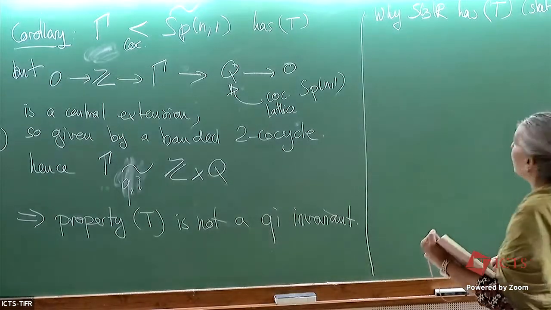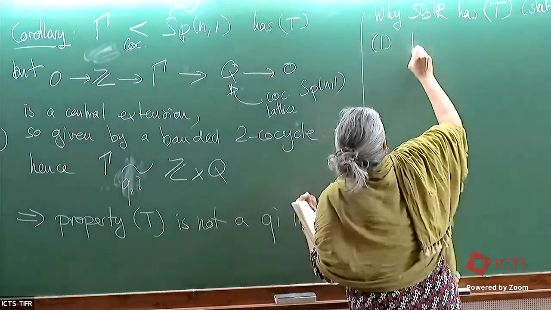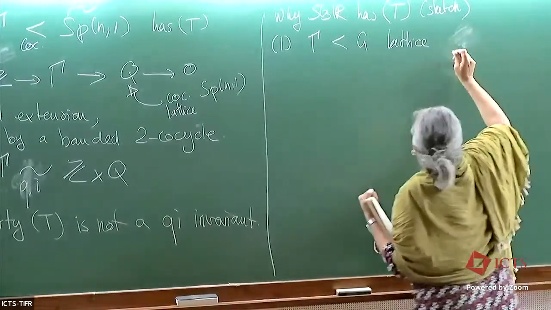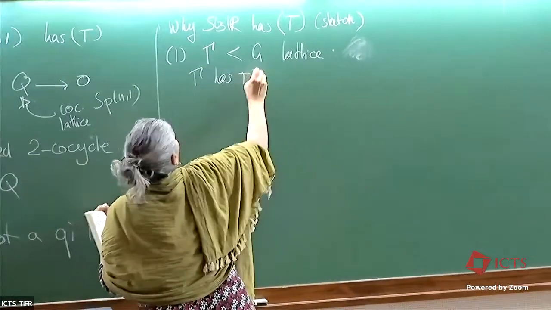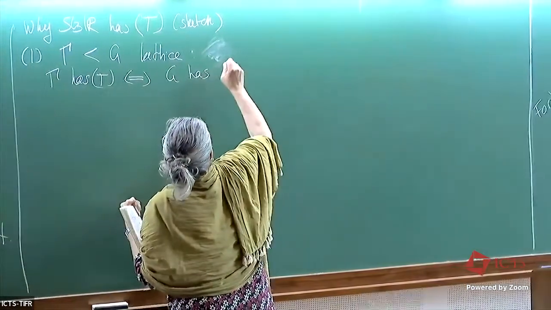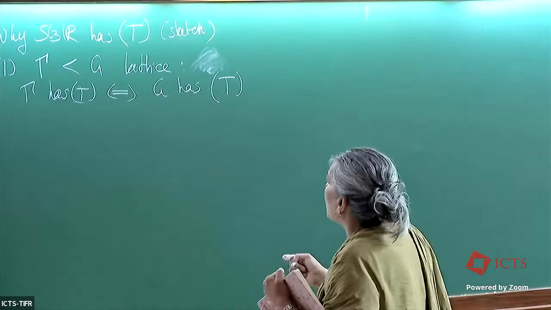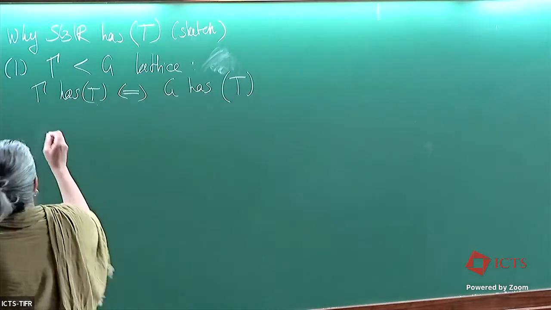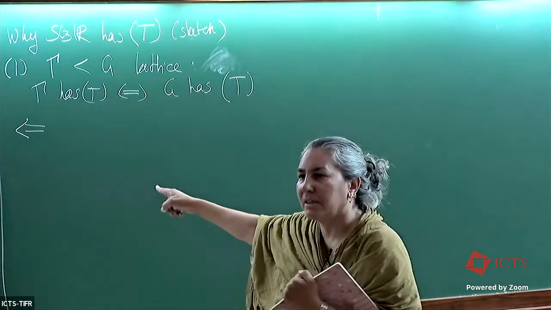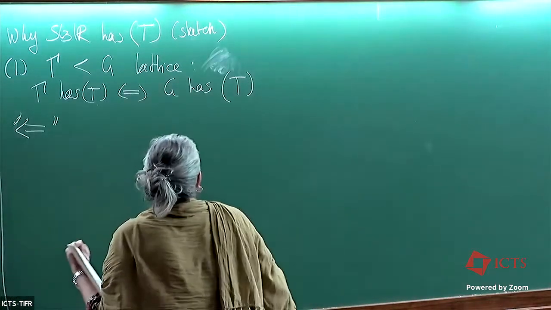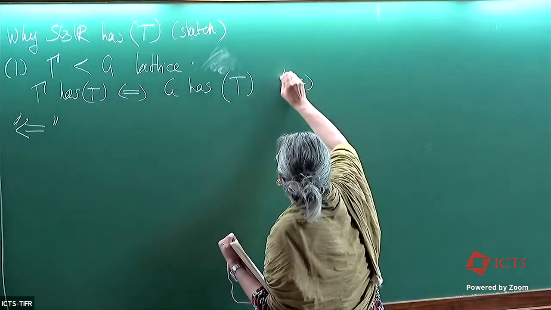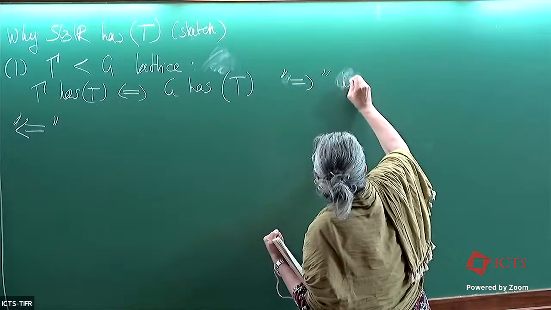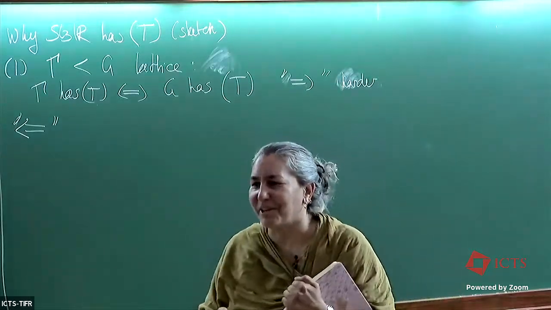So the first step is a lattice: Gamma has T if and only if G has T. I'm going to say a few words about this direction, and this direction is surprisingly more difficult, and arguably not that useful.